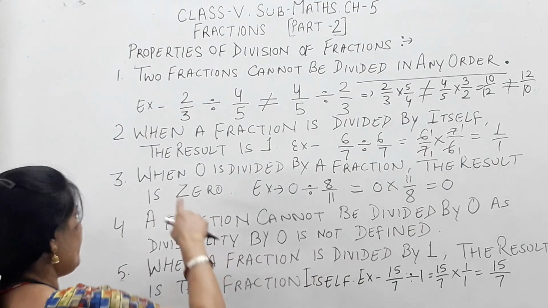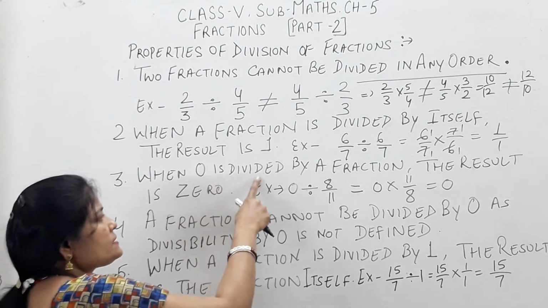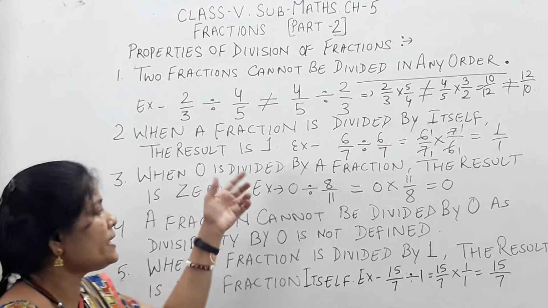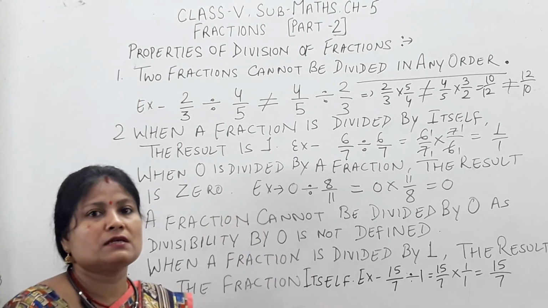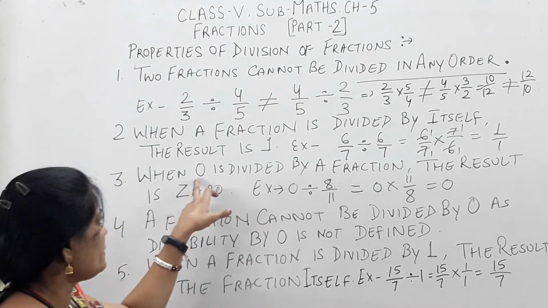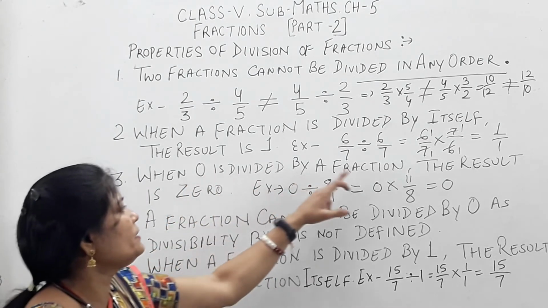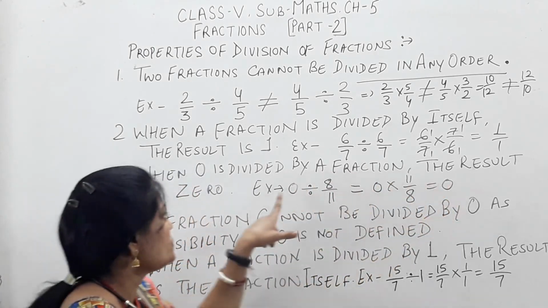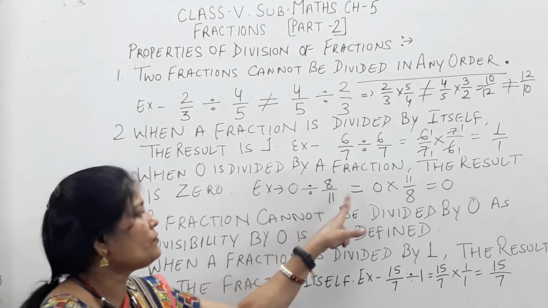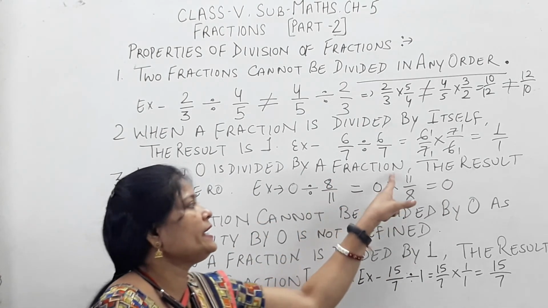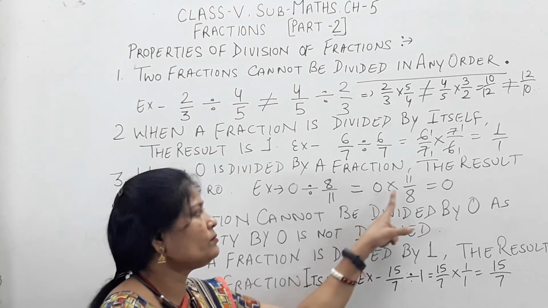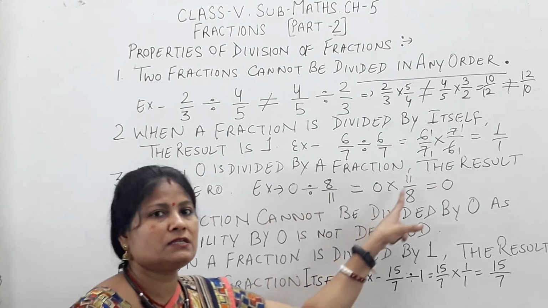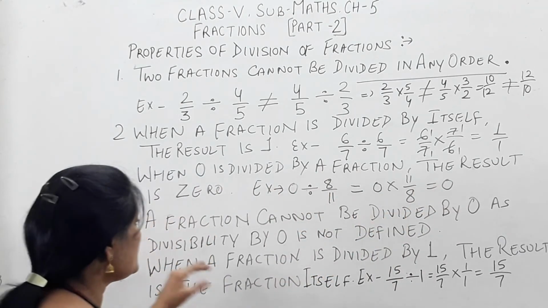The third point of division: when 0 is divided by any fraction. Keep in mind, we have to take 0 as the dividend, not as the divisor. So 0 can be divided by any fraction and the result will be 0. 0 divided by 8 by 11 is 0 multiplied by 11 by 8, the reciprocal. 0 multiplied by any fraction gives 0, and 0 divided by any fraction gives 0.